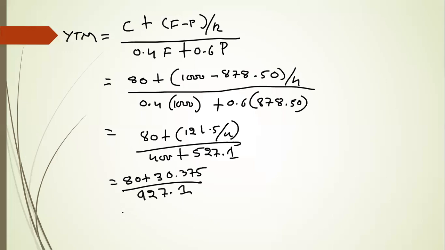So 927.1. So 80 plus 30.375 is equal to 110.375 divided by 927.1.